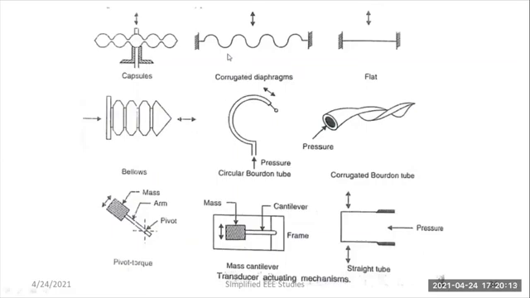These are the different devices that perform the actuating mechanism. These devices are parts of transducers. Let us look at the capsule, then the corrugated diaphragm. The corrugated diaphragm is mainly used for pressure measurement.